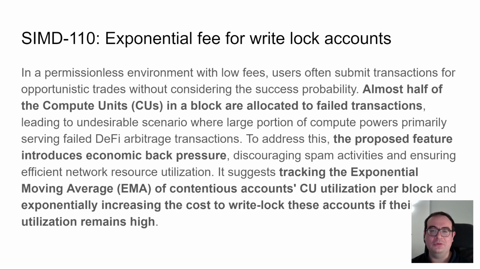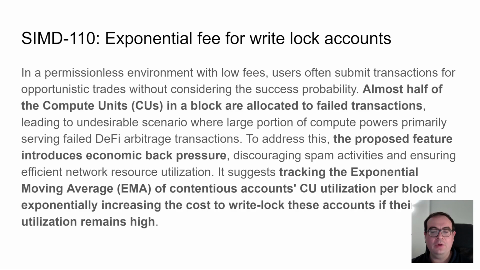So if an account is in very high demand, and you can track this by how many CUs are due to this account's write locks per block, then you would require higher fees to touch this account.